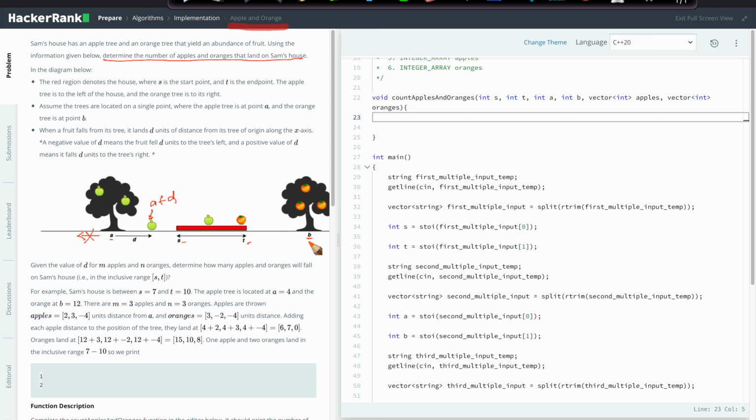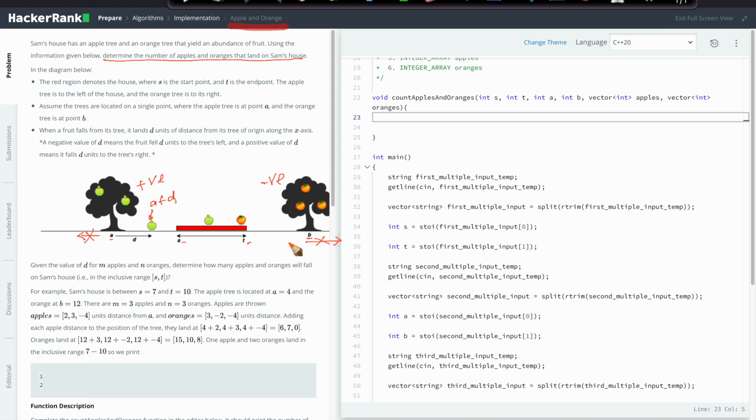Likewise, for the orange, if the d value is positive, then we should ignore that. That means the apple d value should be positive and the orange d value should be negative. Then only we will consider whether it is falling in the range from S to T or not.